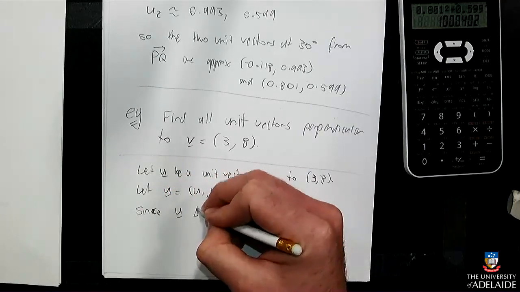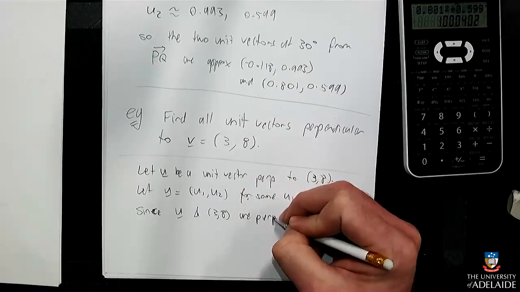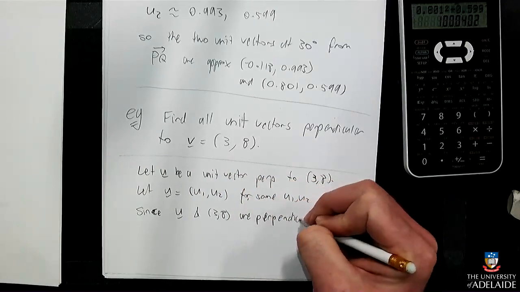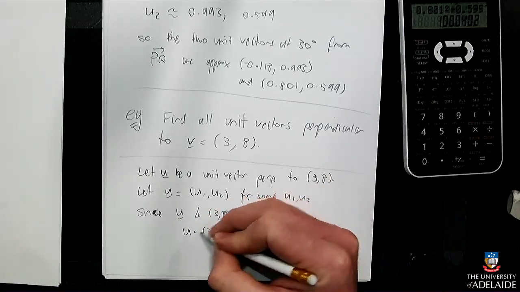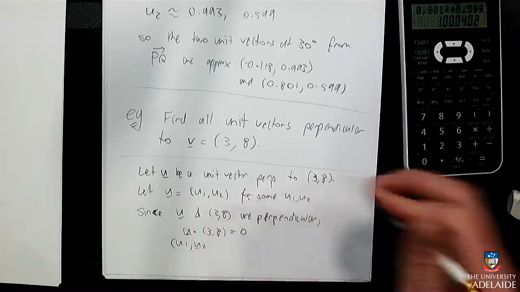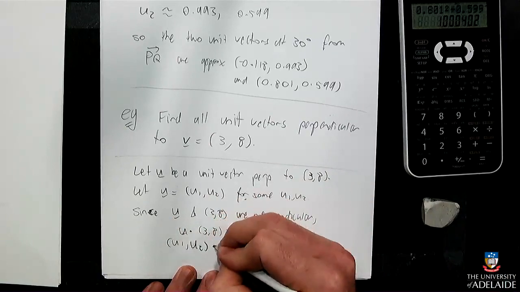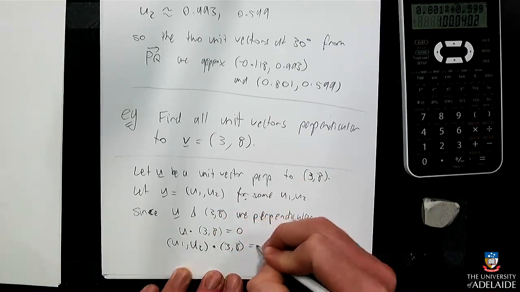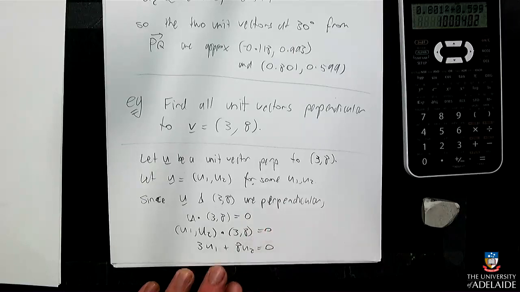Since u and (3, 8) are perpendicular, u dot (3, 8) must be 0, which means (u1, u2) dot (3, 8) must be 0, which means 3u1 plus 8u2 must be 0.